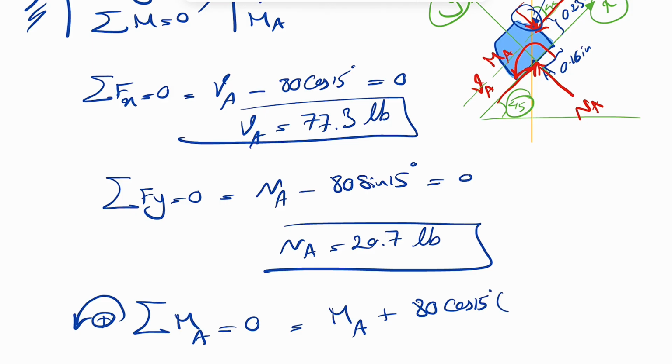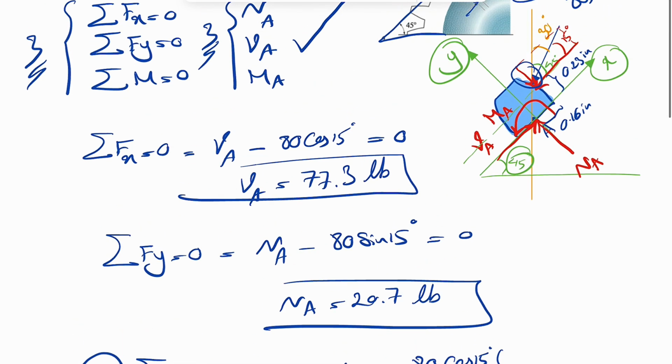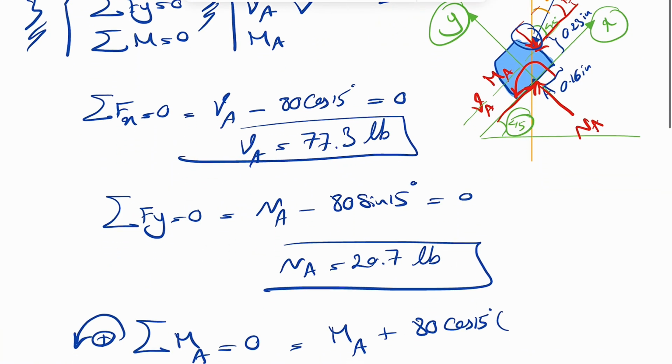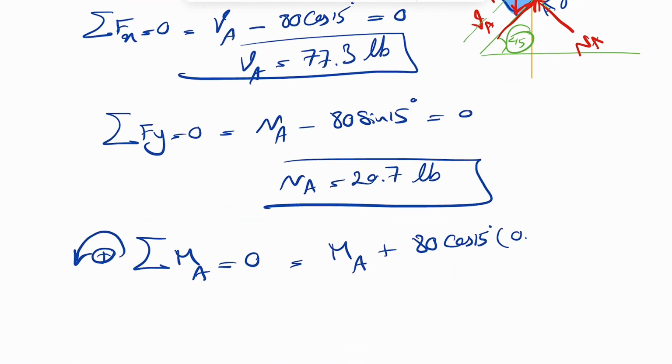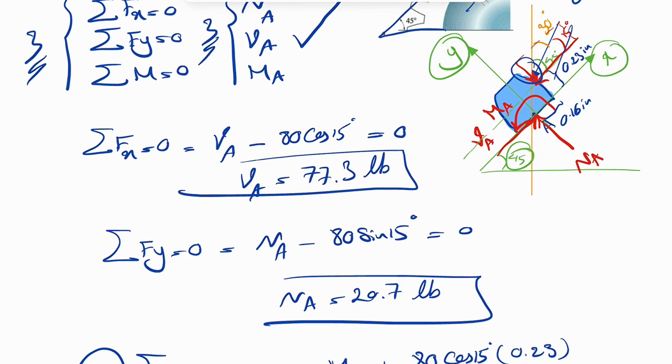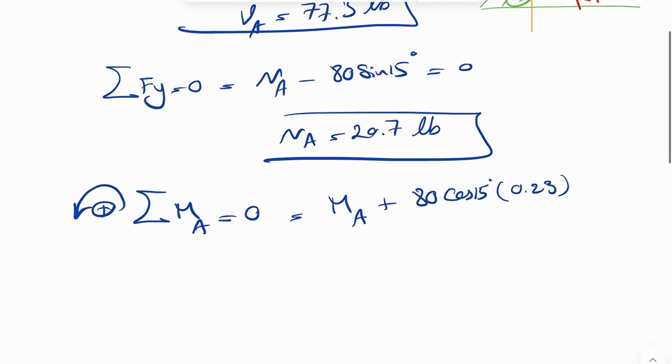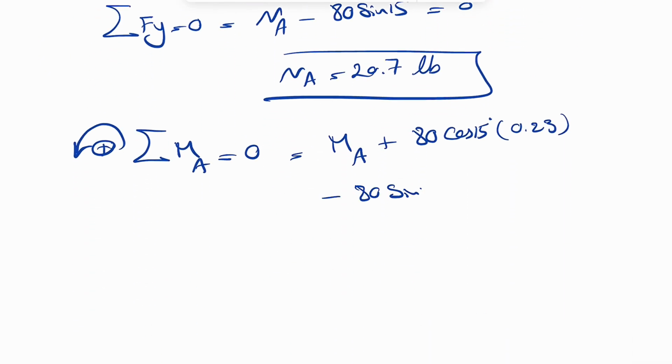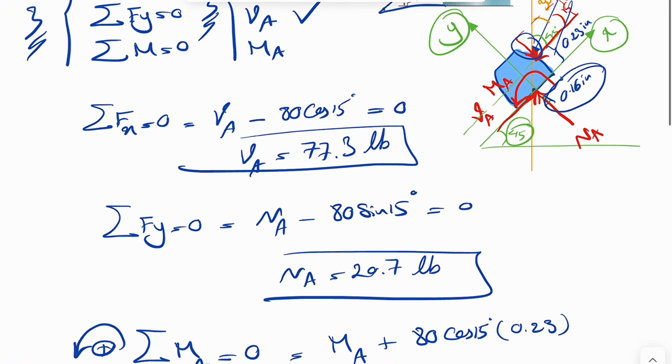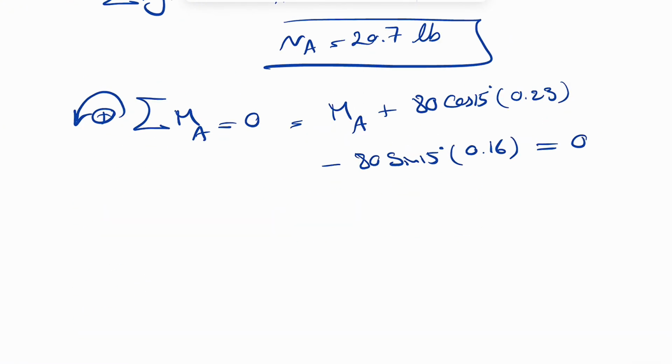That's our force, and moment would be force times the distance, and our distance for the x component would be 0.23. And for the y component we can see that the y component is going to be clockwise, so it will be negative 80 sine of 15 was the force, and the distance is 0.16 that we wrote in there. So this will be equal to 0.